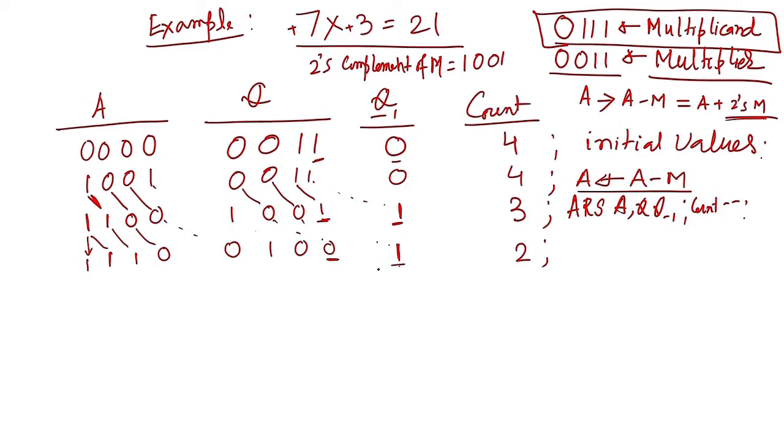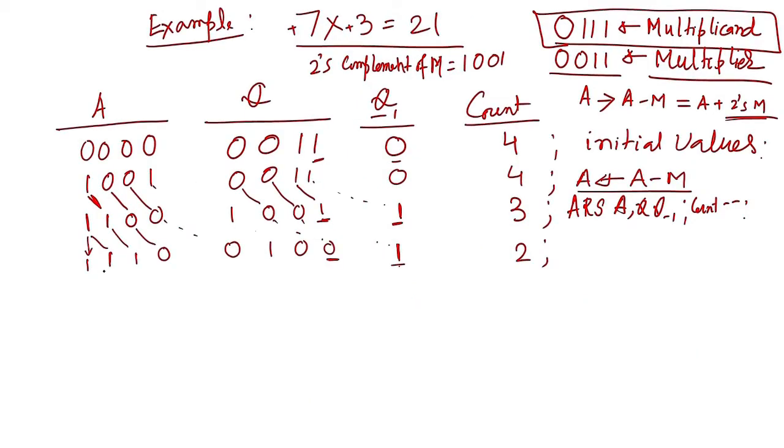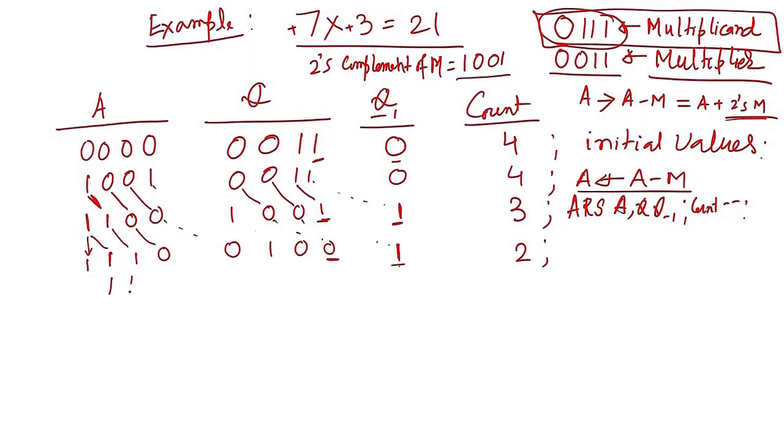If it is 1 0, then we have to add. What will we add? We will add m. What is m? The multiplicand, 0 1 1. This is not the 2's complement of the multiplicand, this is the multiplicand itself. So, we have to add the multiplicand, A plus m.